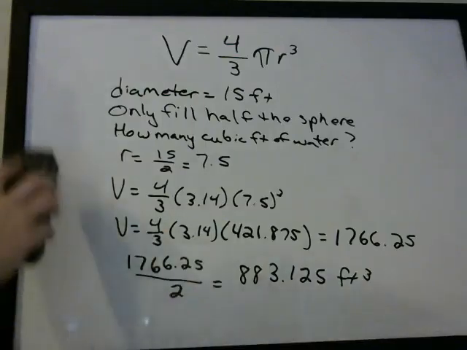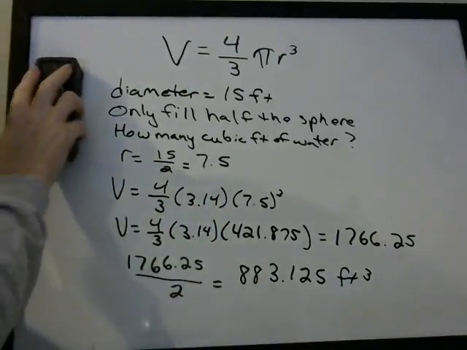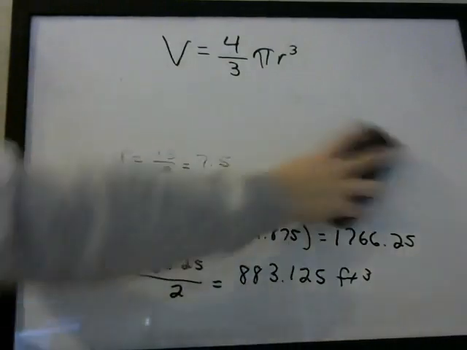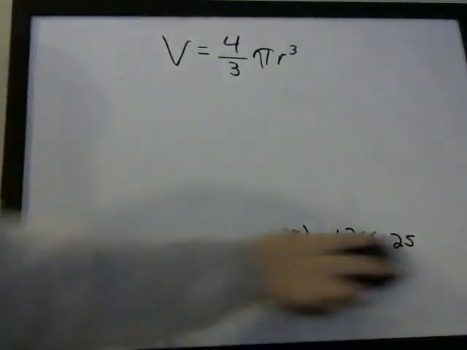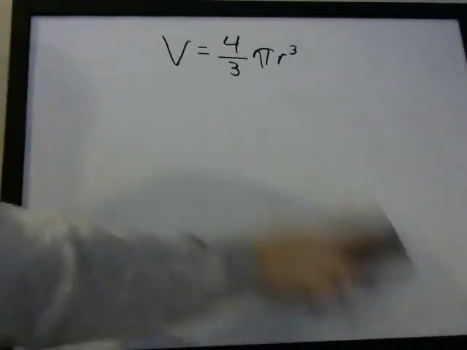Okay, we're going to do one more that's a little bit more complicated. So let's say, again, we have a sphere and it's a tank, and we're going to fill it with water.